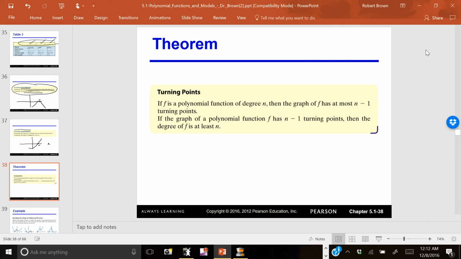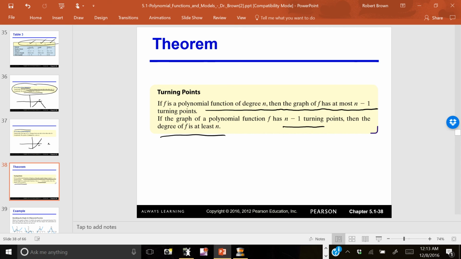One other theorem or one other definition, a turning point. If f is a polynomial of degree n, then the graph of f has at most n minus 1 turning points. If a graph has n minus 1 turning points, then degree must be at least n.